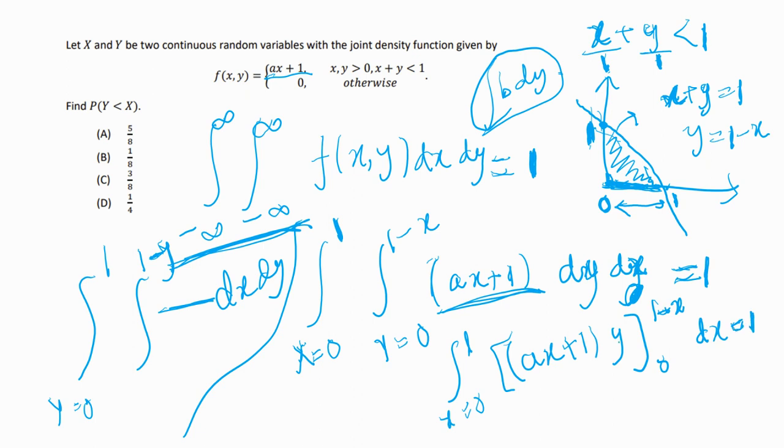So now range 1 minus x, and in times 0 it will be 0.